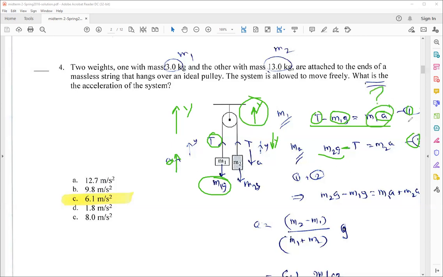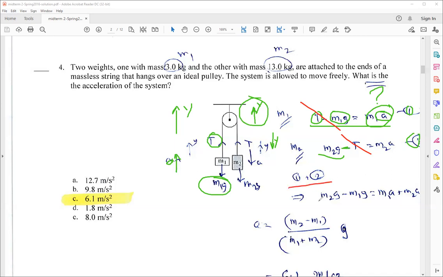So here, if I add equation 1 and equation 2, that was the reason why we chose the second equation to follow positive y pointing downward, so that we can cancel the tension. So you see here, in equation 1, tension is positive, in equation 2, tension is negative. When you add the two equations, you cancel the tension, okay?